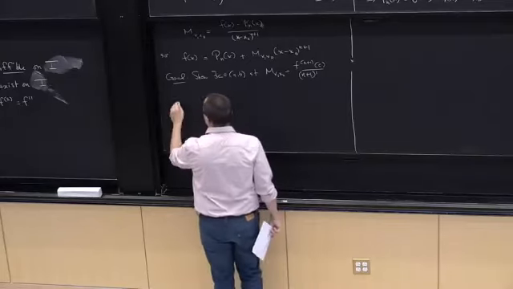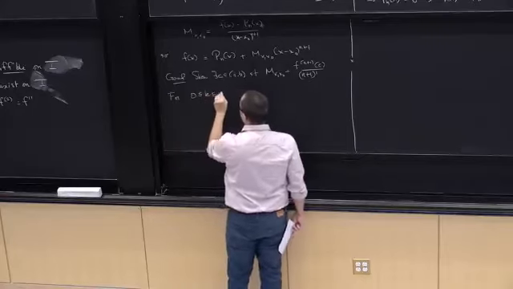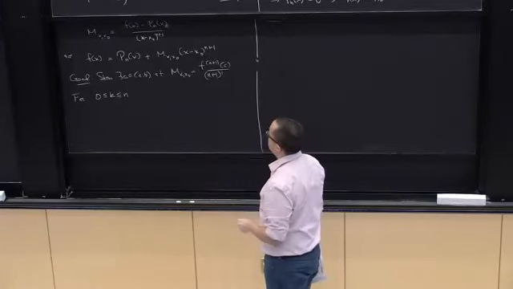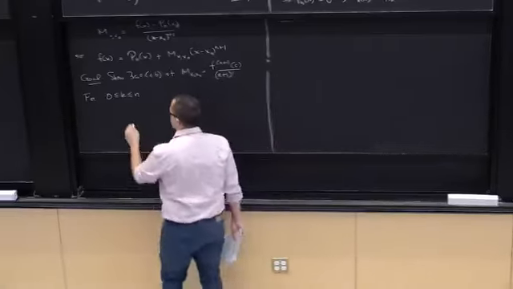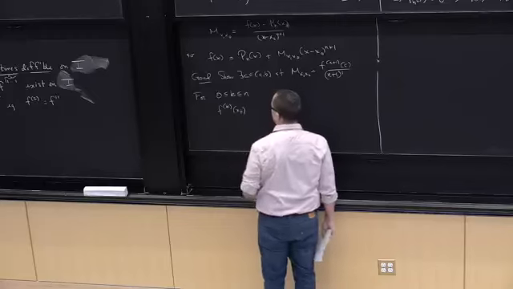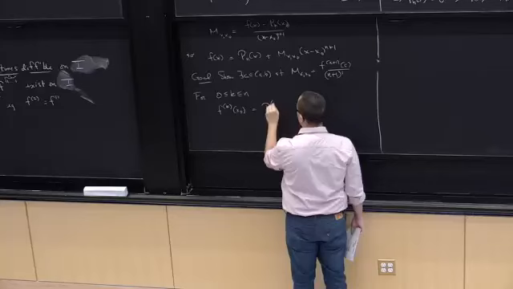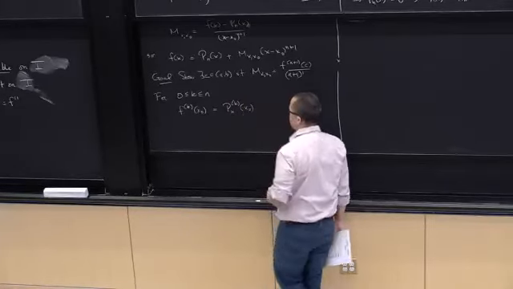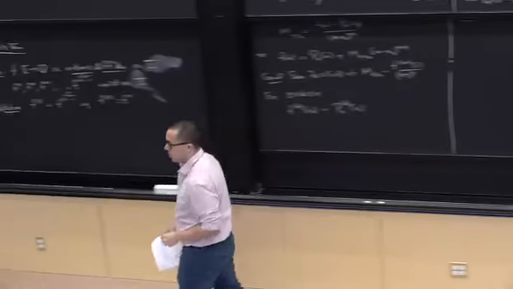Well, the point is that this Taylor polynomial agrees with f at x0 up to nth order, up to n derivatives. Okay? In other words, if I take the kth derivative of f and evaluate it at x0, this is the same as taking the kth derivative of the Taylor polynomial and evaluating it at x0. So the Taylor polynomial agrees with f up to n derivatives at the point x0.